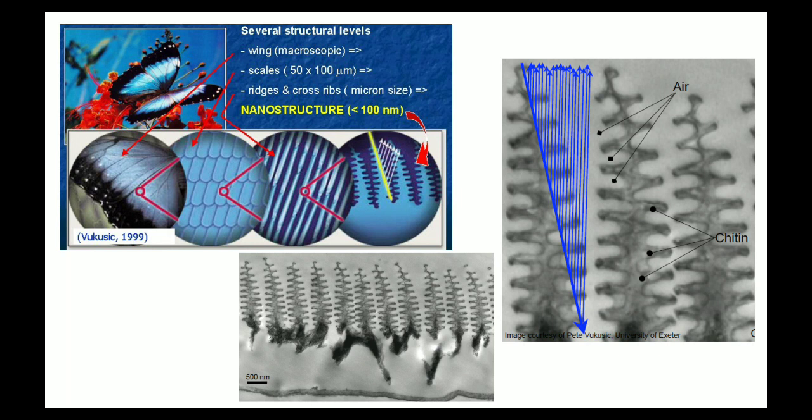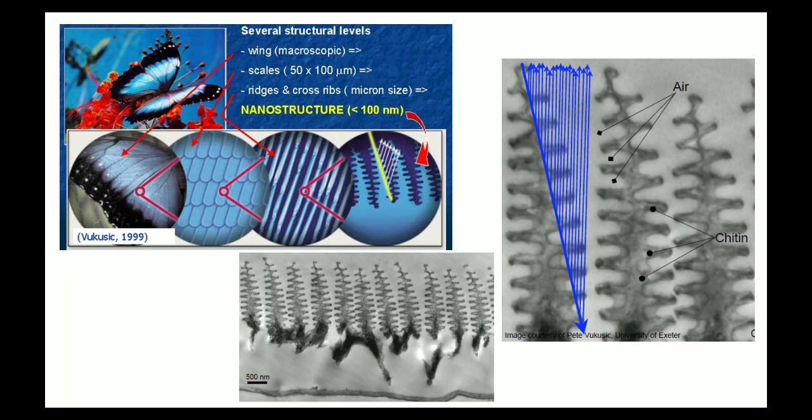Air is a low refractive index material, and chitin is a high refractive index material. So if light is incident on the single nanostructure present on the butterfly wing, then there are multiple reflections, which is shown by this blue colored arrow.